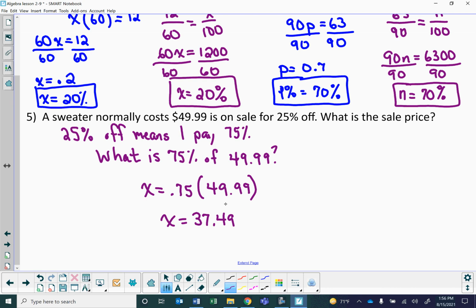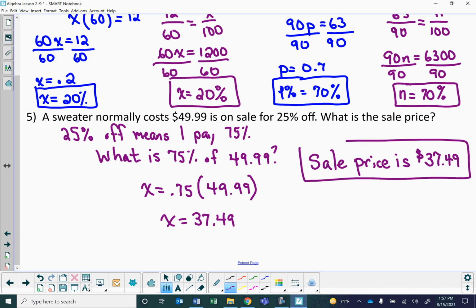Add 12.5 to 25, and 25 plus 12.5 gives you 37.5. So we're really close because we have that 1 cent difference. So $37.49. So the sale price is $37.49. And our answer is reasonable because we already checked that.